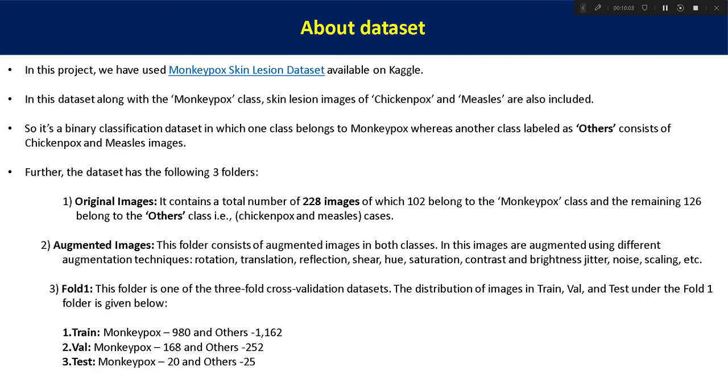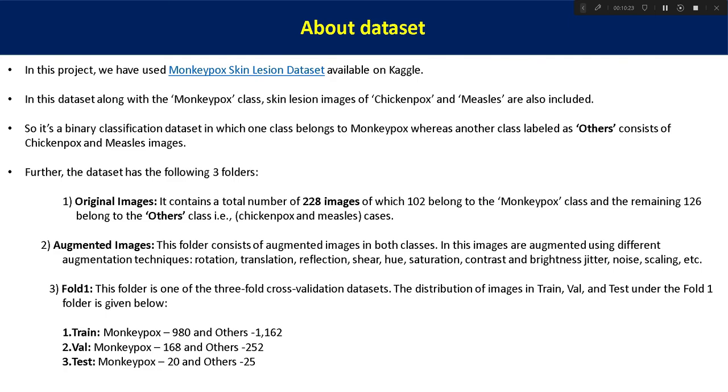This data set has three folders, and you can use any one of them. The first one is the original images, in which we have a total of 228 images, of which 102 belong to monkeypox and the remaining 126 belong to others.